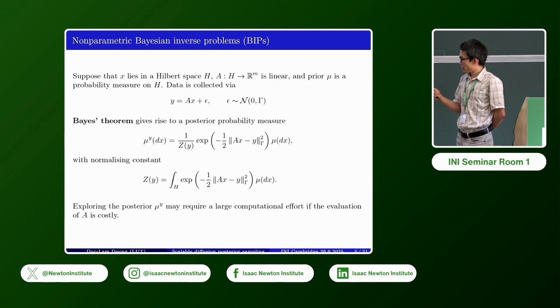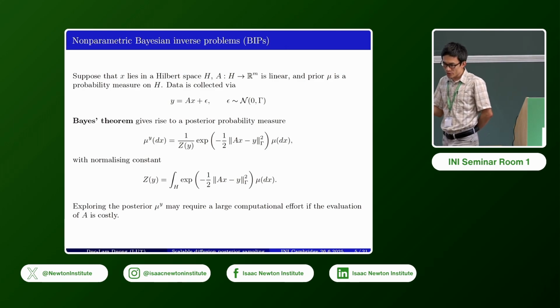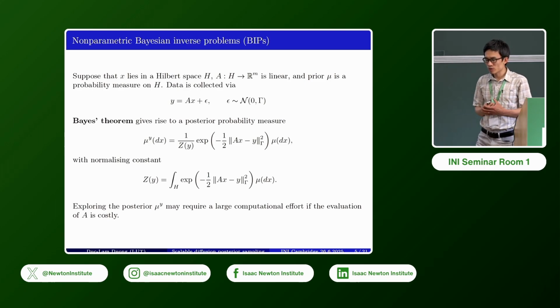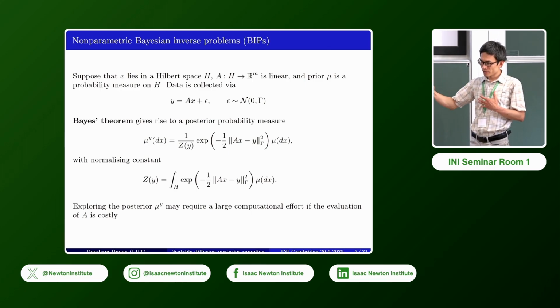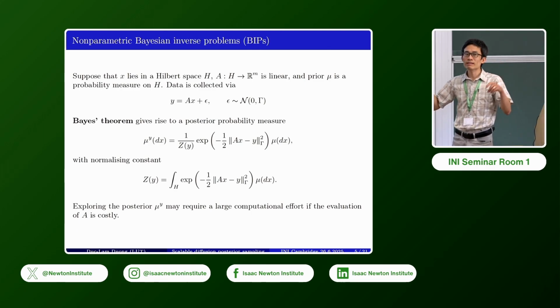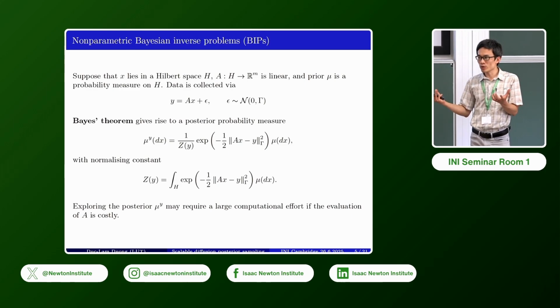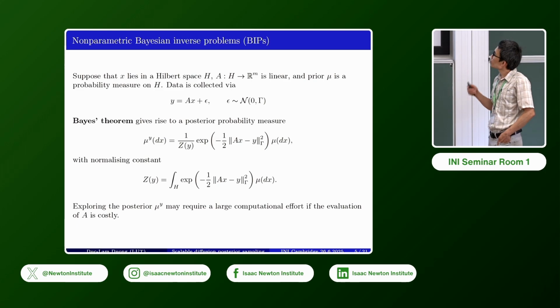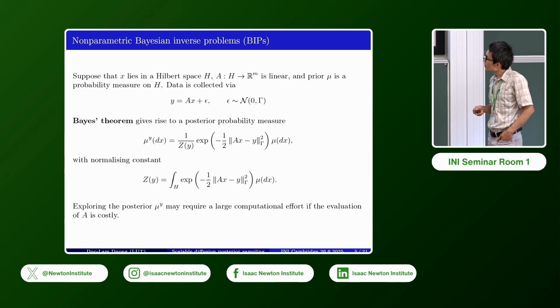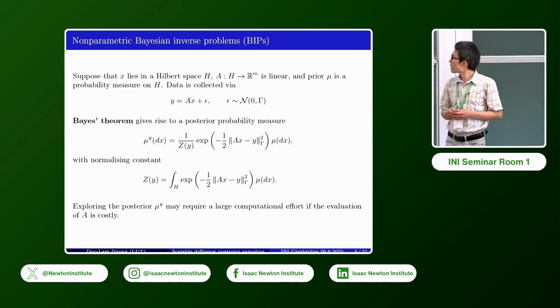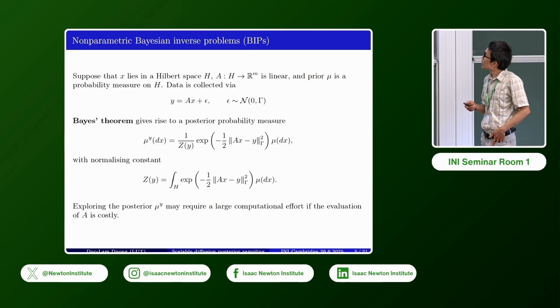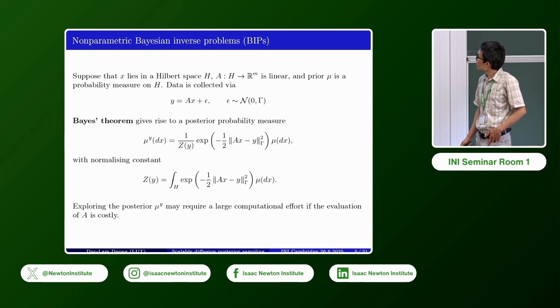The problem is that although this setup will usually give you a well-posed posterior, in the sense that the posterior will behave continuously with respect to changes in the model and the prior, to extract information from the posterior usually requires a very large computational effort, especially in the case where the forward map is very expensive to compute.